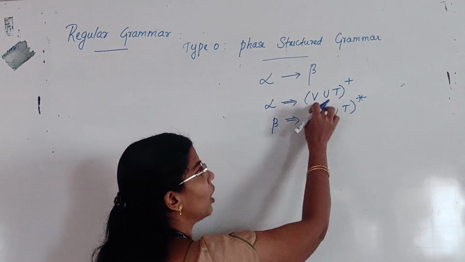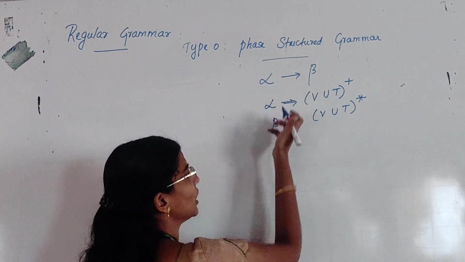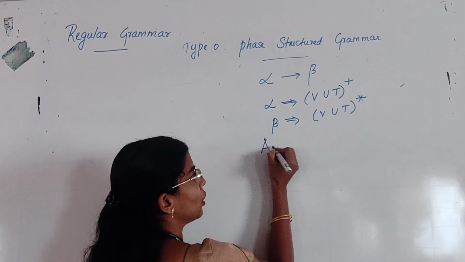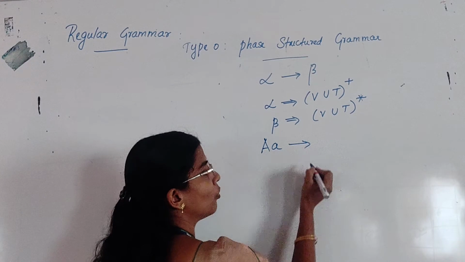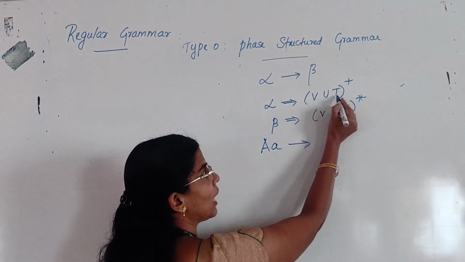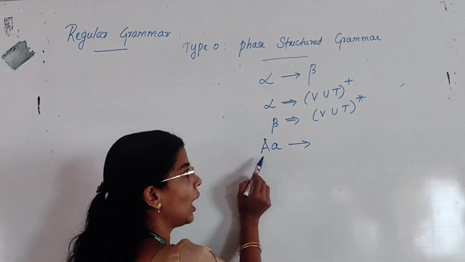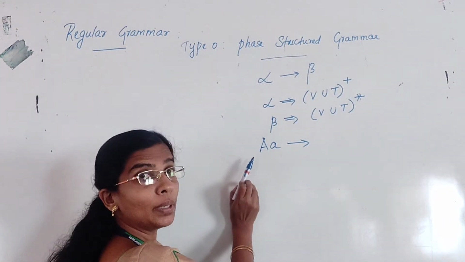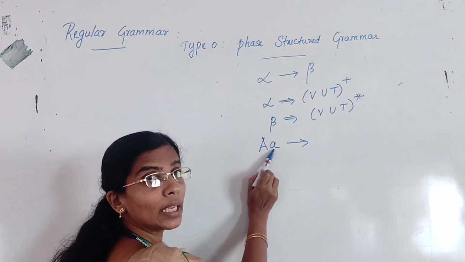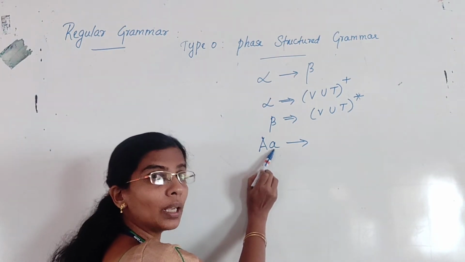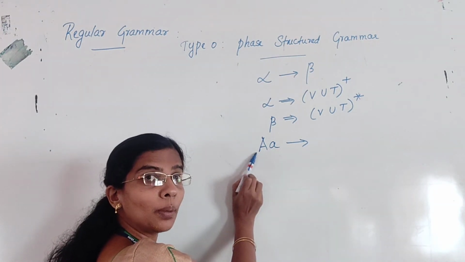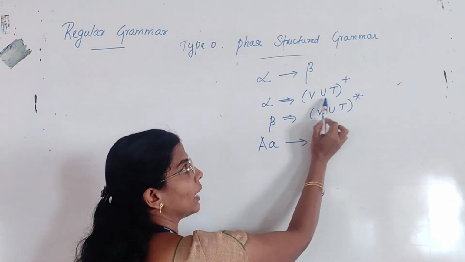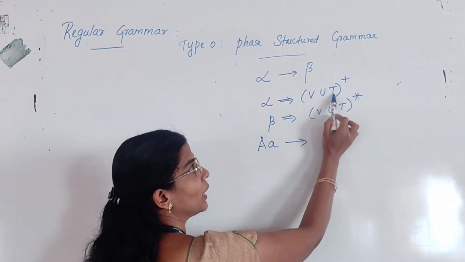If I want to write some examples, how will I write my productions? As a combination of variables and terminals. I told you, uppercase letters are variables or non-terminals, and lowercase letters are terminals.